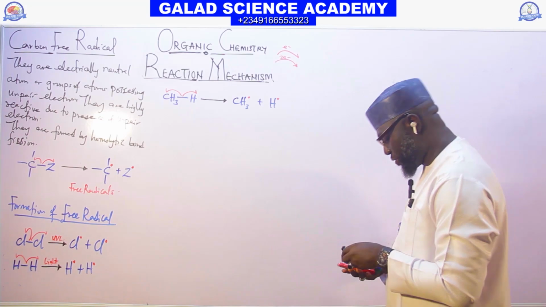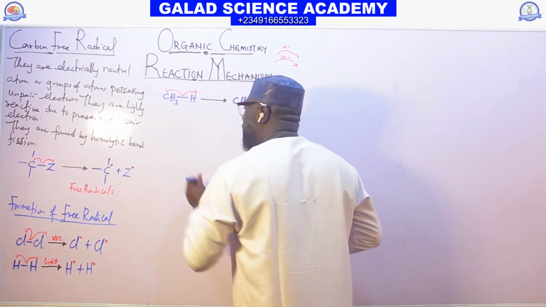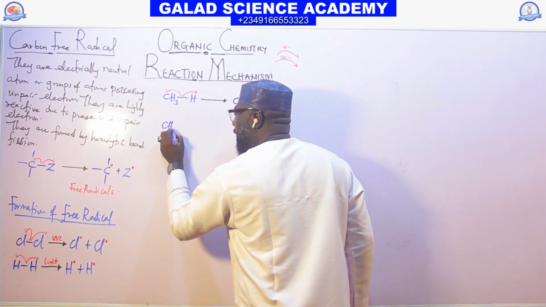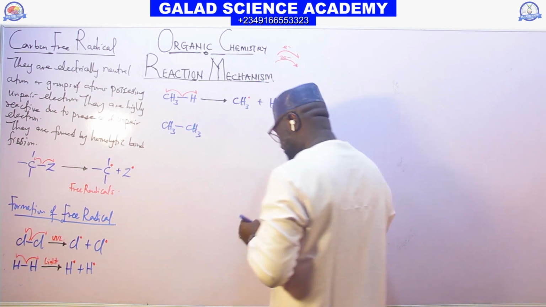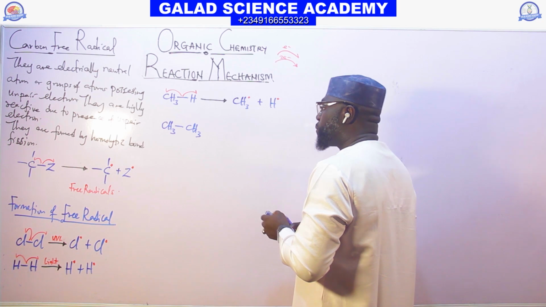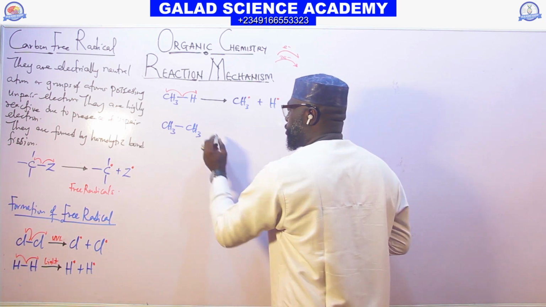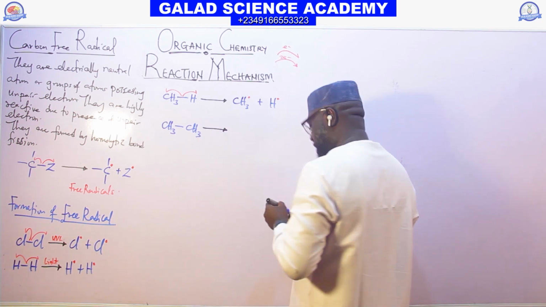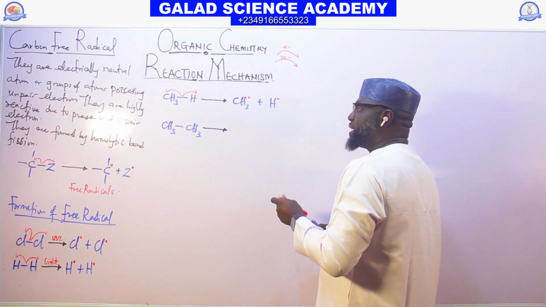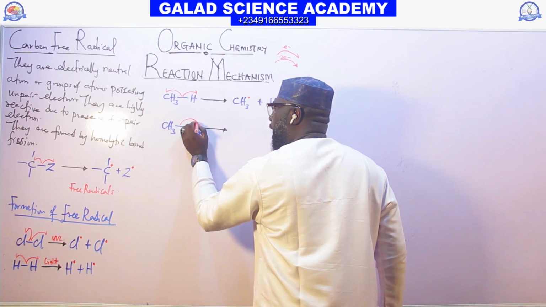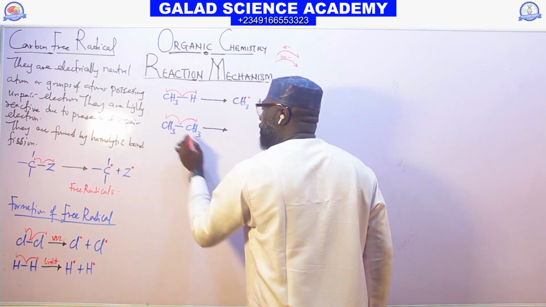Let me add one more. In case we have a compound like this, CH3 and CH3, this can also split into two. If you want to split it into two, the same scenario will happen. This half will come to this side, another one will go to this side.